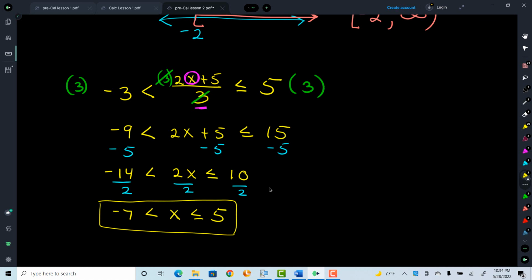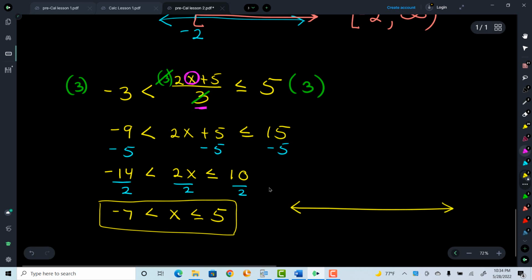What's that look like on a number line? Well, I like the solutions when they're written in this form because it makes sense to me. The x is between -7 and 5. So let's put our -7 there. Let's put our 5 there. Okay.